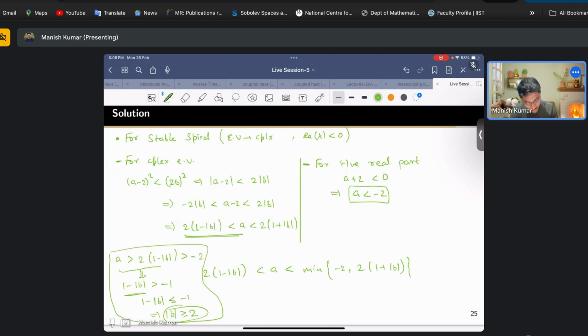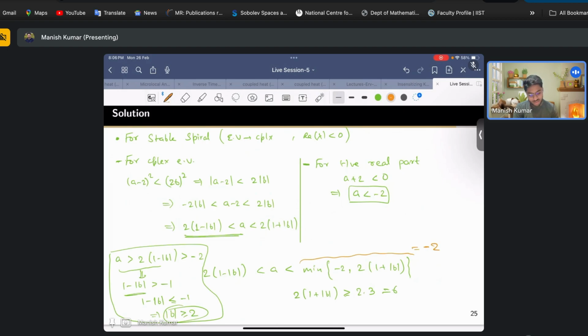That means that 2 into (1 plus mod b), 1 plus mod b should be greater than or equal to 3, so this is equal to 6, right? So here this minimum value would be minus 2, right? Because this is 6, so the minimum is always going to be minus 2.